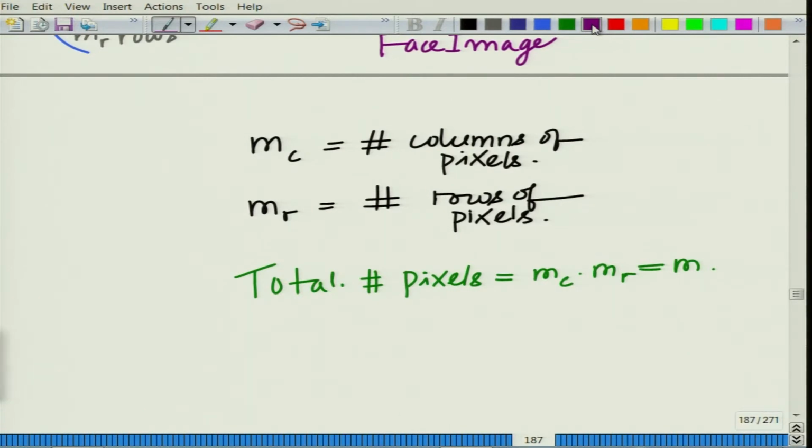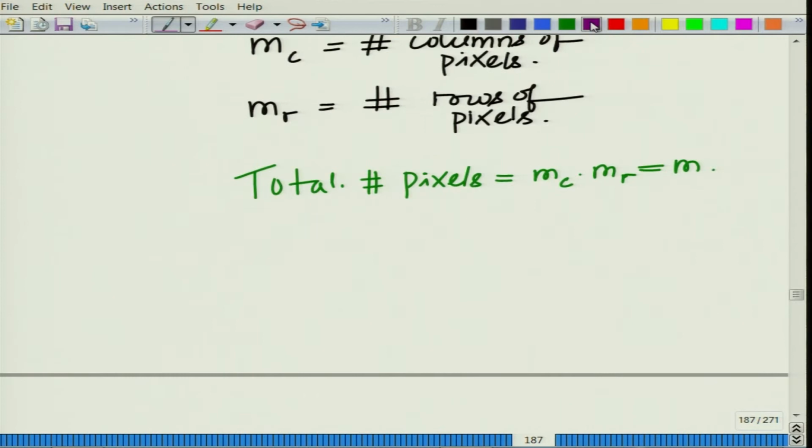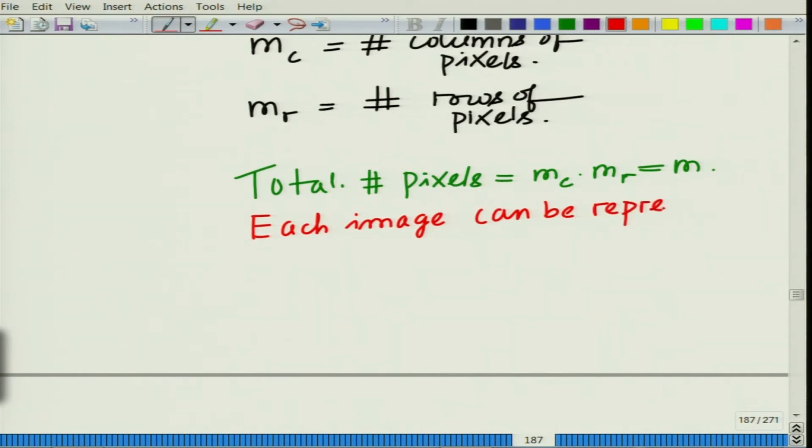So, now each image can be represented by a matrix which contains the pixel values.